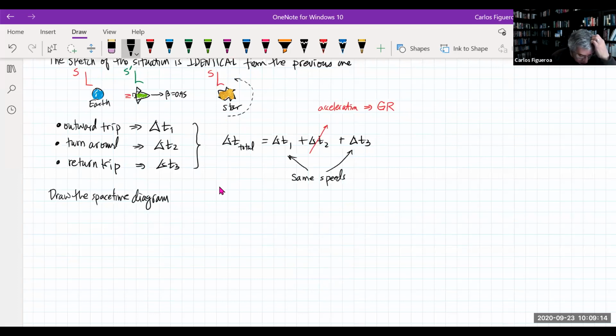So when I look at the space-time diagram, it says that it took 80 years relative to the Earth. So this is telling me that the total time relative to Earth, it took 80 years.